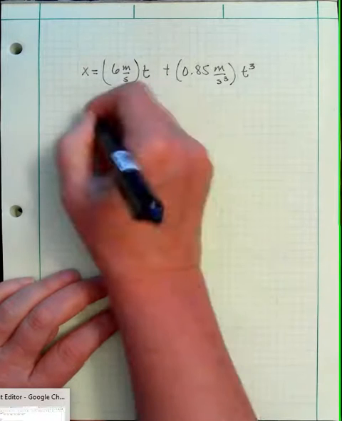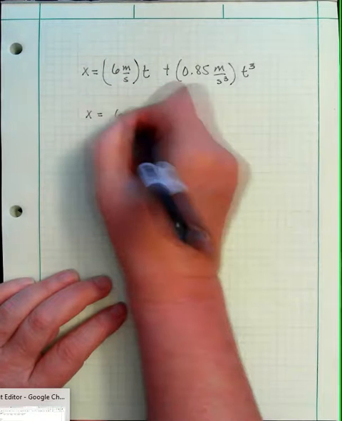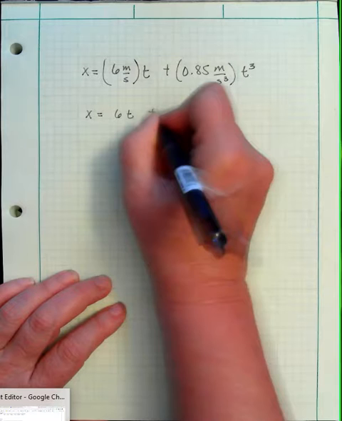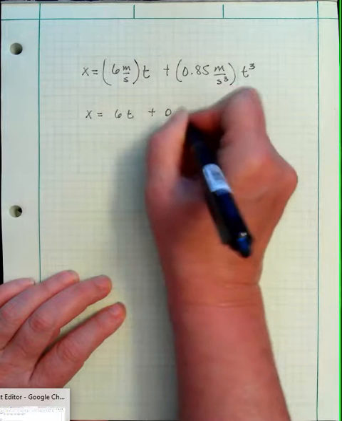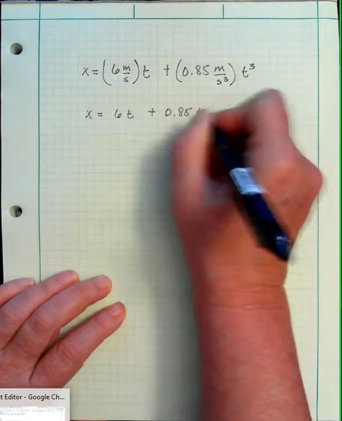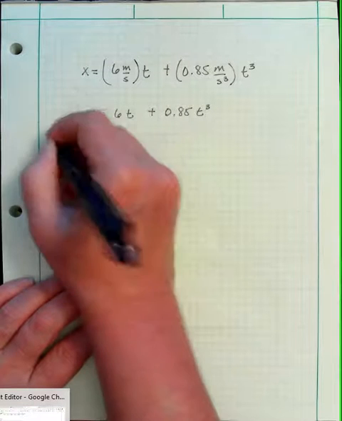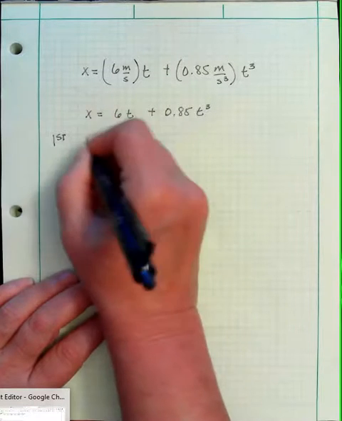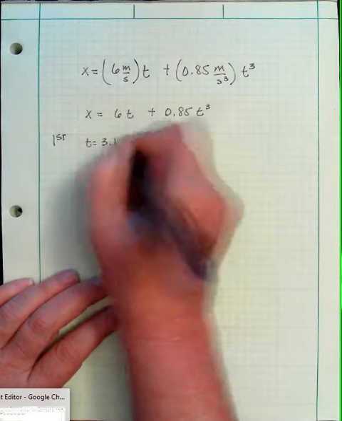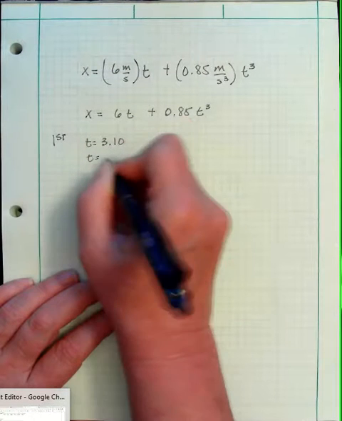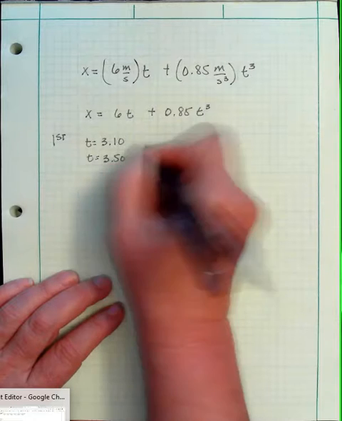So basically what we have is 6 times t plus 0.85 times t cubed. We were given our first interval, t equal to 3.10 and t equal to 3.50 seconds.